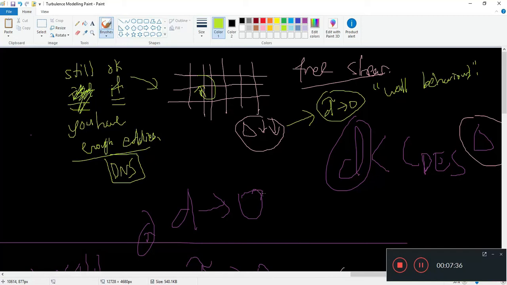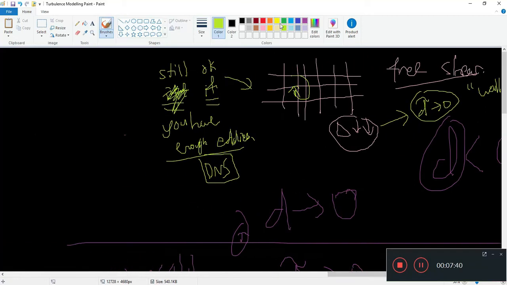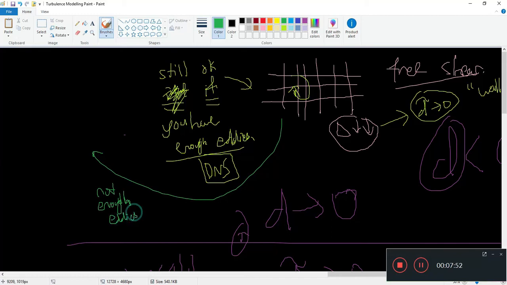This is okay. Now what if you don't have enough eddies? If you don't have enough eddies or flow instabilities and you have this refinement situation, then you have what I call a low Reynolds number case.